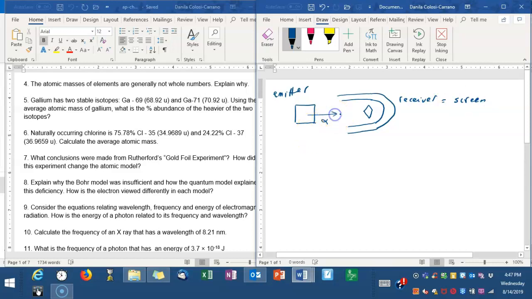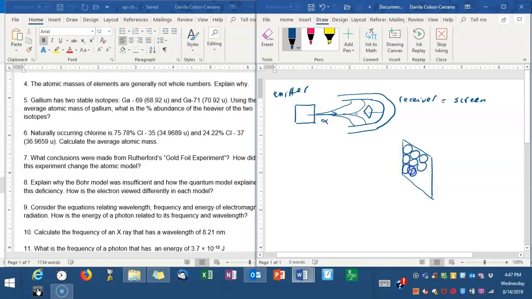So when those particles got shot, sometimes they went through, sometimes they bounced back, sometimes they bounced back even more, sometimes it's just deflected. So not every single time they made it through. Now what does this mean? Well, remember Rutherford wanted to show that J.J. Thomson was right, thinking that the gold foil is made of a ton of little atoms of gold.